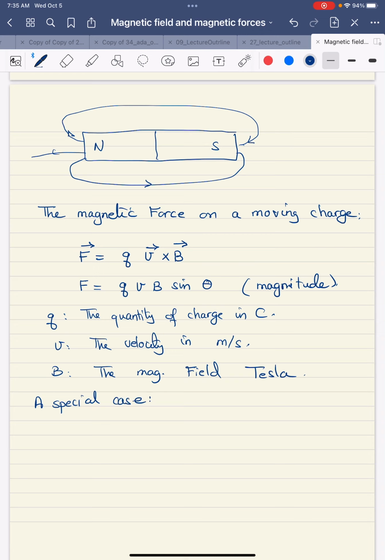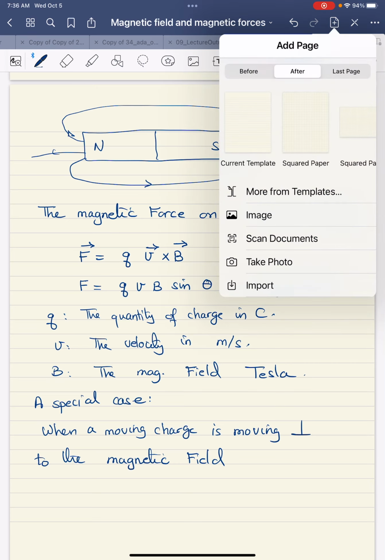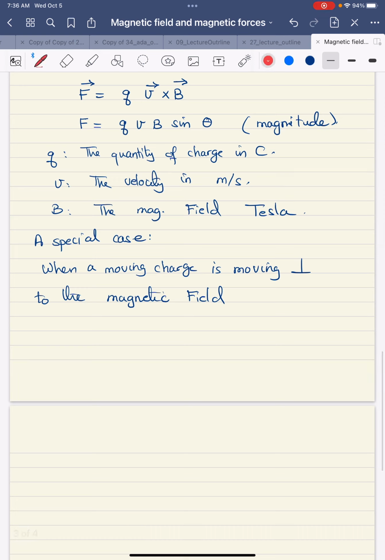And that is when a moving charge is moving perpendicular to the magnetic field. Here, I'm going to represent B along the x-axis, all right?